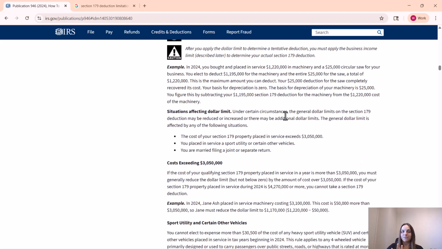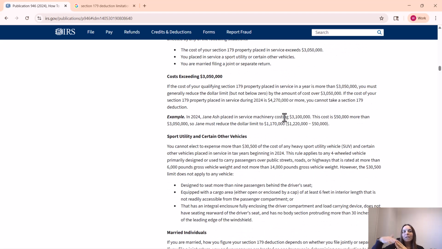I'll show you the 2025 limits. Once you hit $3,050,000, any dollar above that reduces the amount dollar for dollar of what you can take.